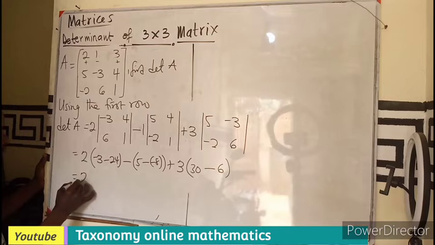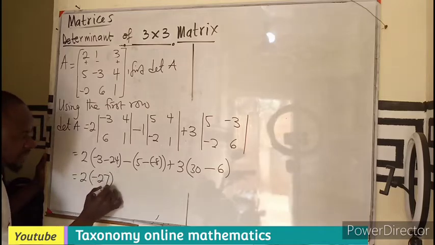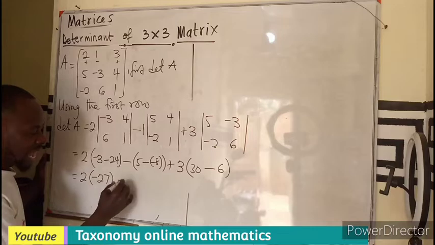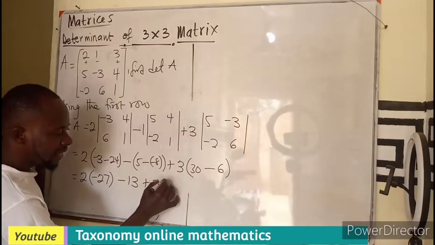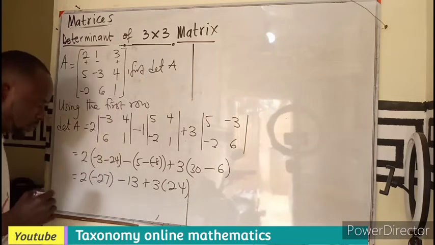Let's go. 2 times minus 27, minus, this is plus. So I think I have 13, plus 3 into bracket, this is going to be 24.